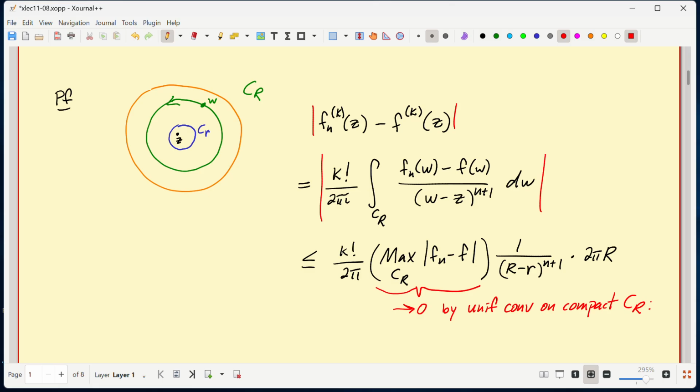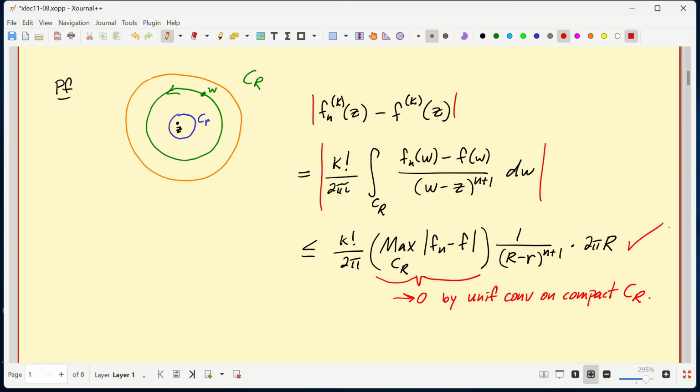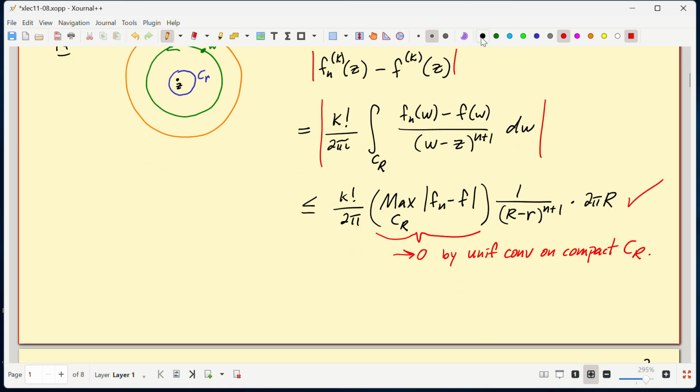So that shows the fact on the little blue disk there. So if you're given a compact K, let's see, there's a symbol for K being compact in omega. Some books like to write it like that.